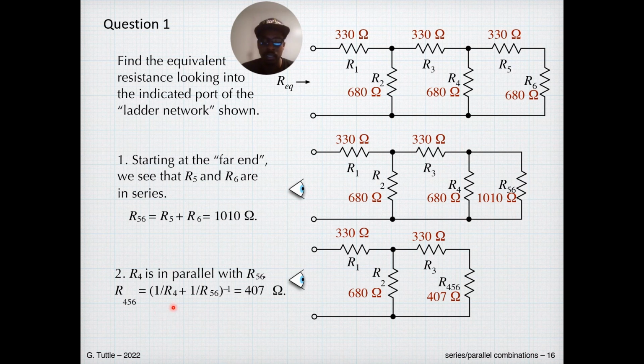Remember we said R4, 5, and 6 is 407 ohms. So 407 is now in series with R3.